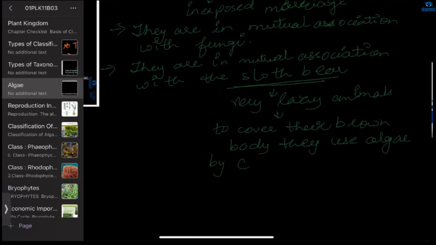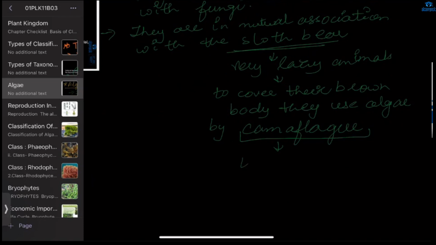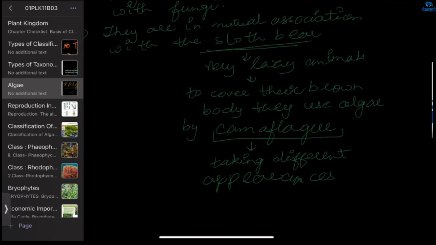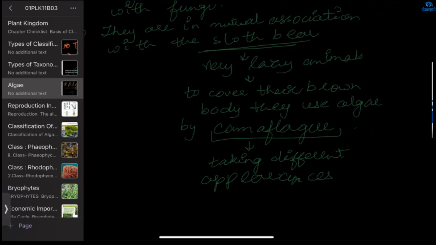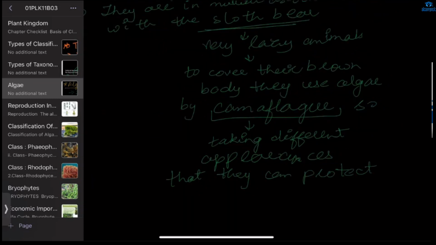Okay, camouflage means what? Taking different appearances. And how do they take a different appearance? They cover their brown bodies with the green alga. They use alga by camouflaging so that they can protect themselves against predators.